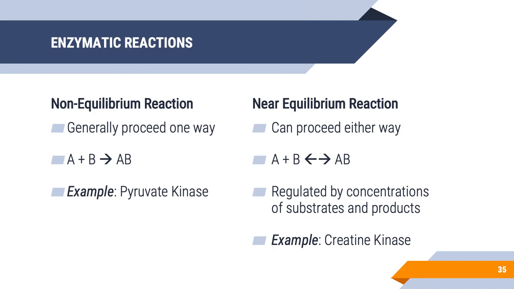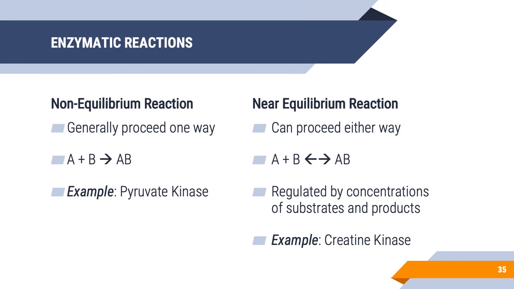So for enzymatic reactions, we have two main types. One is a non-equilibrium reaction. These generally proceed one way, so substrate A plus substrate B creates product AB. Pyruvate kinase is an example of this. We also have near equilibrium reactions.